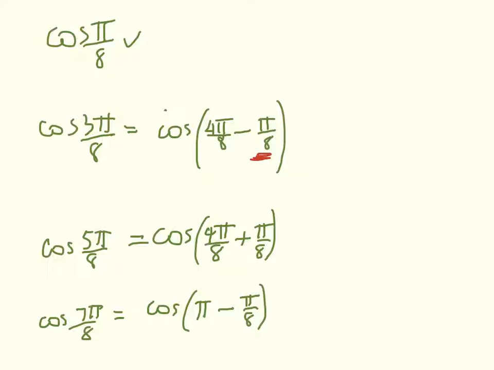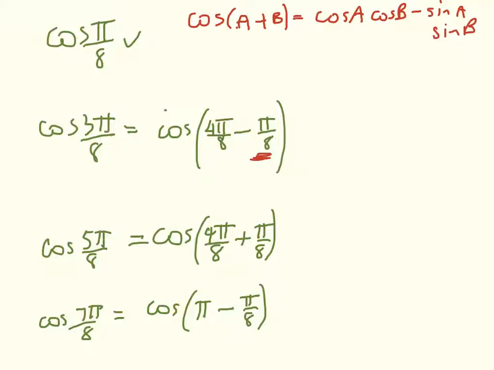Now I'm going to use the first two of those trig results I had up. The cosine of a plus b is equal to cos a cos b minus sine a sine b, and the other way around, cosine of a minus b, which is the first one we learn, is this.